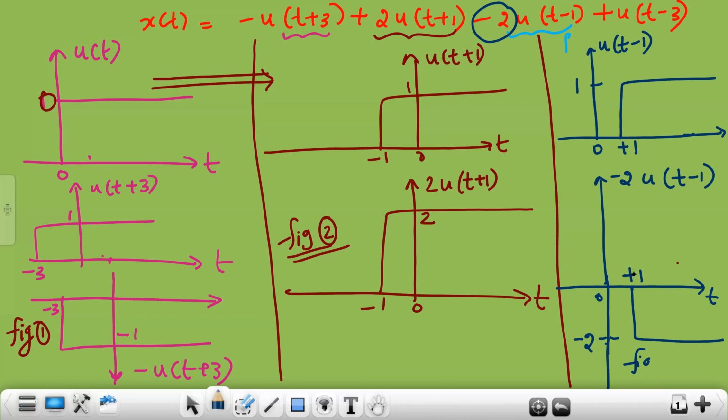Kindly draw till this. Kindly plot all these waveforms till this.